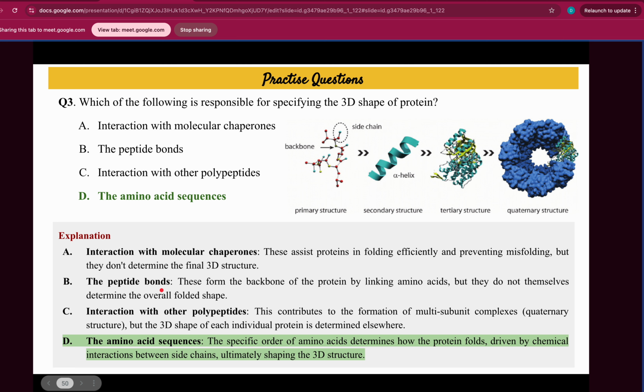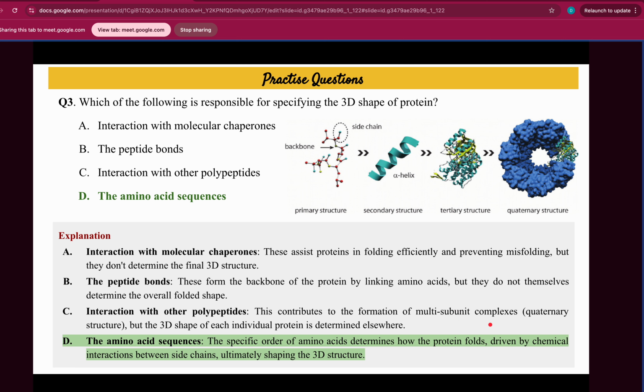Peptide bonds are simply the bonds which link two amino acids together. So they are not responsible for specifying the 3D shape because they are present between the amino acids anyway. And interaction with other polypeptides contributes to multi-subunit complexes but not to the 3D structure of a single protein.